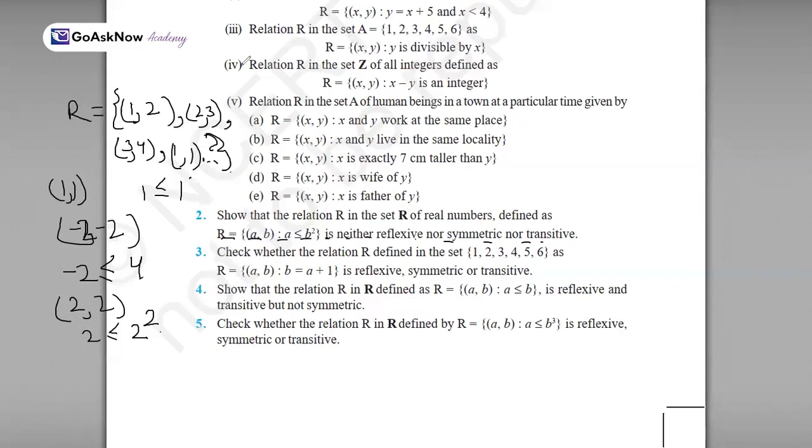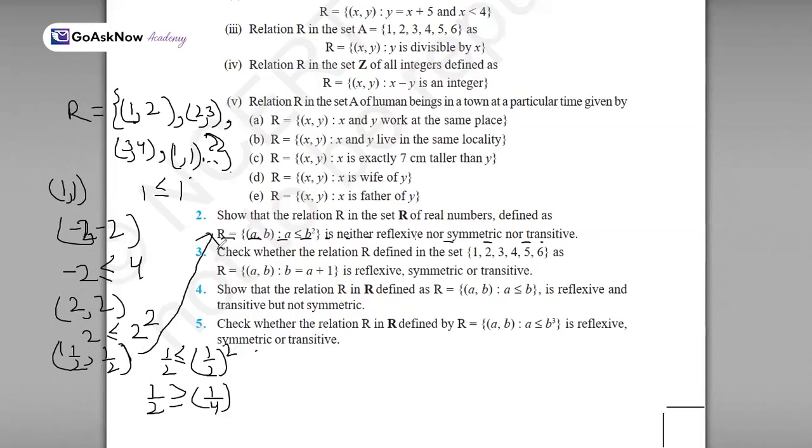And if I choose a fraction, like (1/2, 1/2), whether 1/2 is less than or equal to (1/2) square. No, it is not true. It is not true because 1/2 is greater than 1/4. So you can see that there are some ordered pairs which are not following reflexivity in this relation.